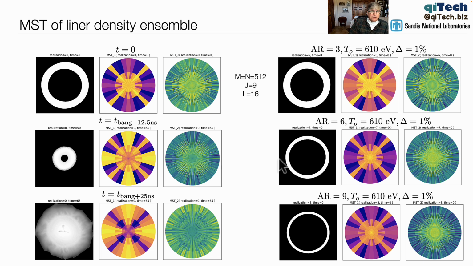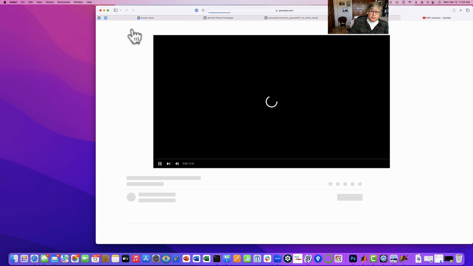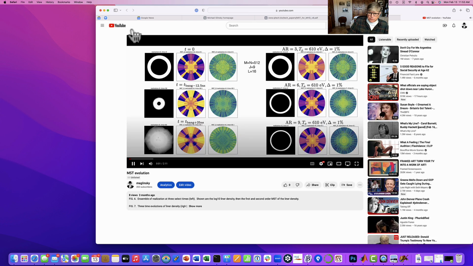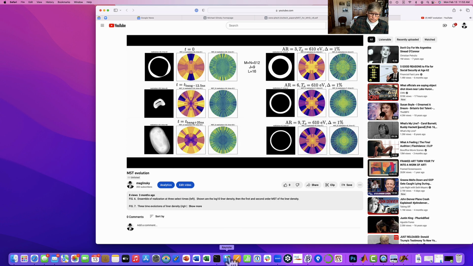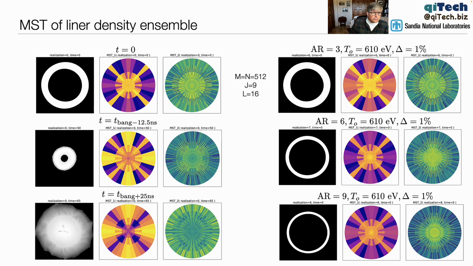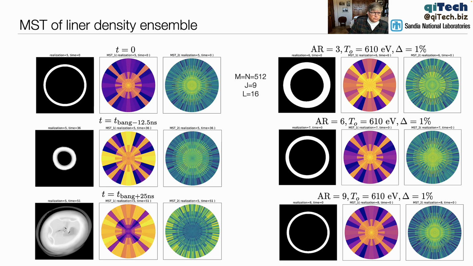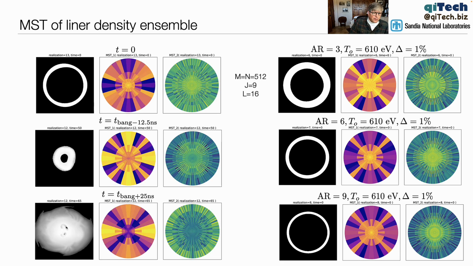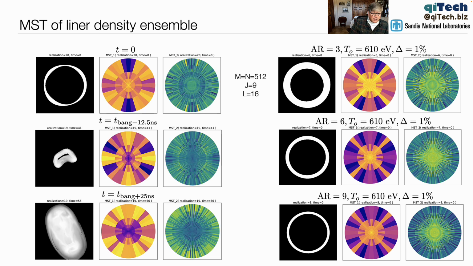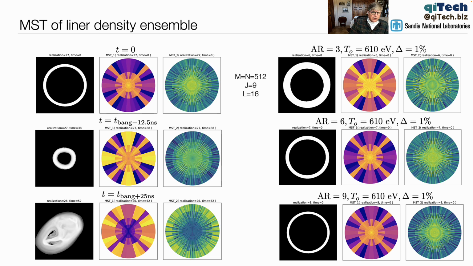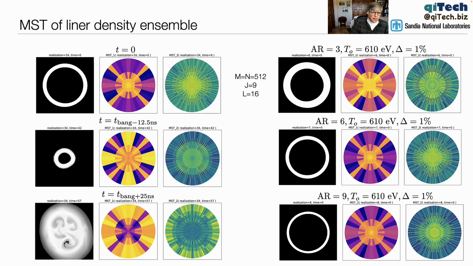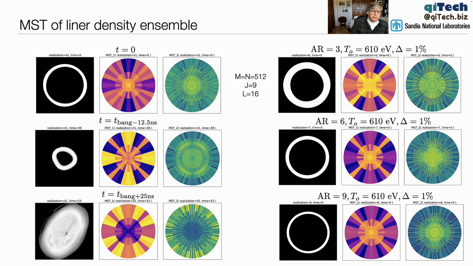To see these movies, if you're viewing from the PDF, as with the previous slide, just click on the title of this slide. That will take you to YouTube, where you can see this animation. Now I am showing you the variation from realization to realization, as well as the changes in the Mallat scattering coefficients.